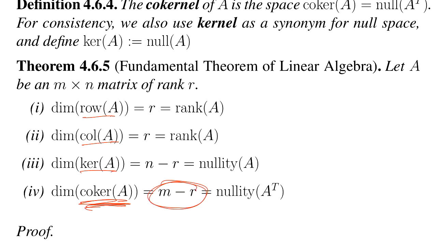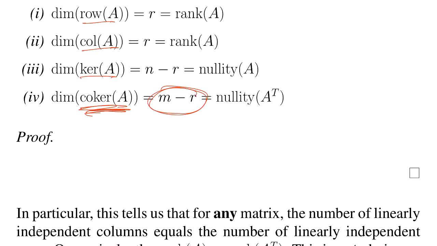Right? It's not the number of columns minus the rank, it's the number of rows minus the rank. So we've already proved 1, 2, and 3 because we've explicitly constructed bases for each of these spaces. And their dimensions turned out to be precisely these numbers. Okay, so we don't have to do anything for 1, 2, and 3. They follow from our basis theorem.